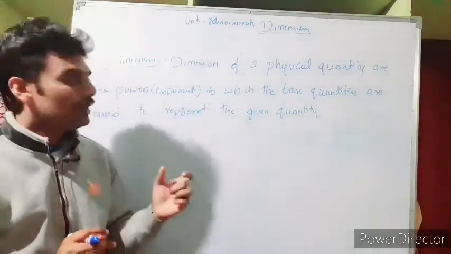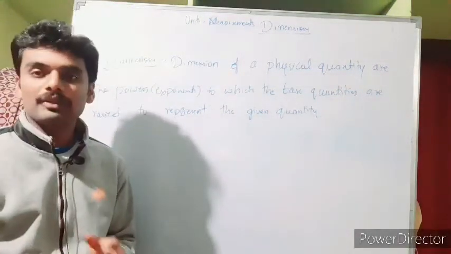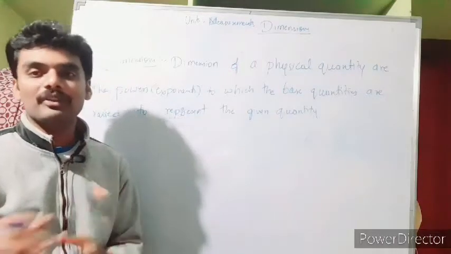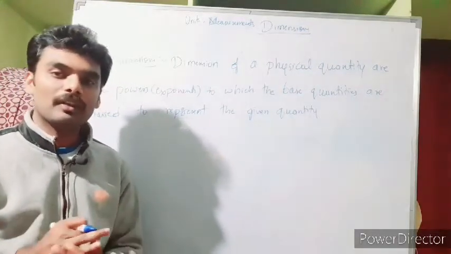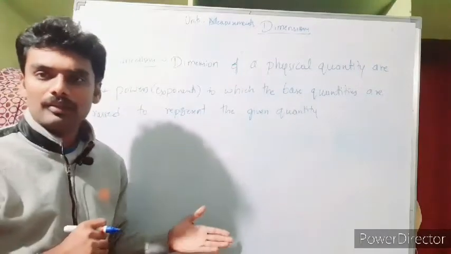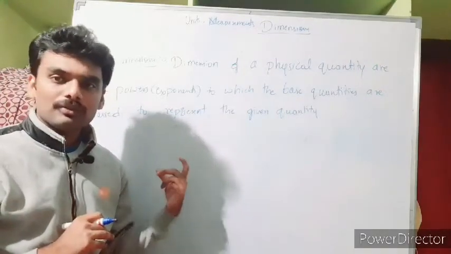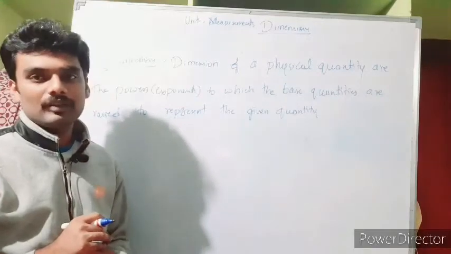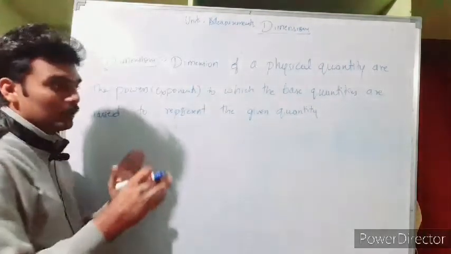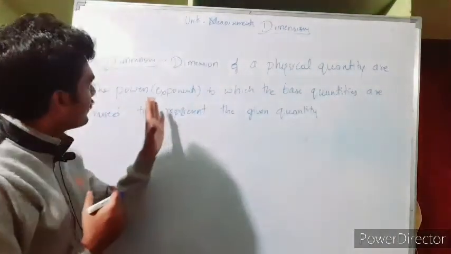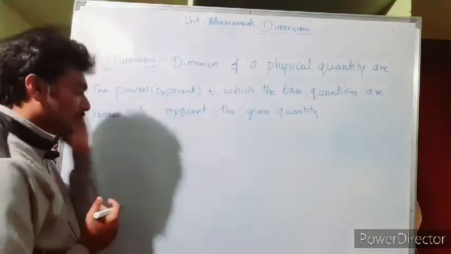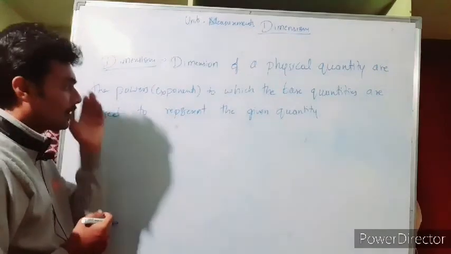So which base quantities are we making use of here? We all know that there are seven base quantities or fundamental quantities. Out of them, we are going to choose L, M, T here, okay, because they are the ones which will occur again and again. So let me give you the idea of dimension using an example now.